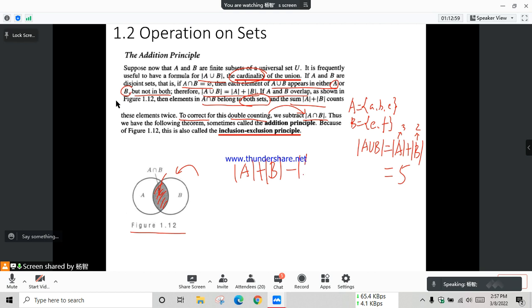So we must subtract this shaded part. All right?